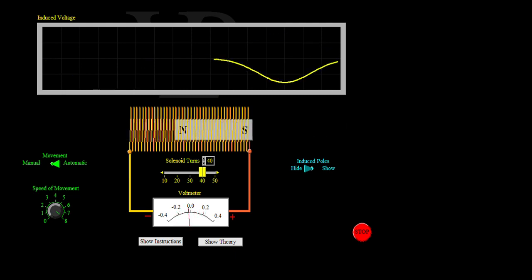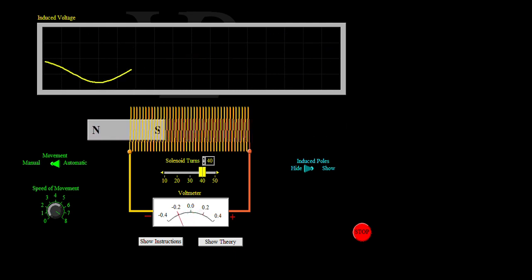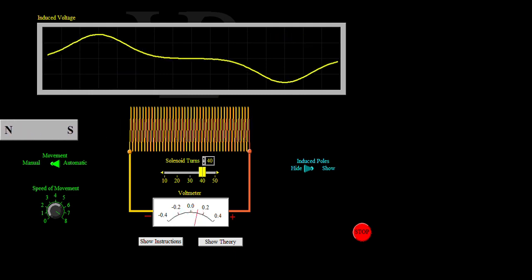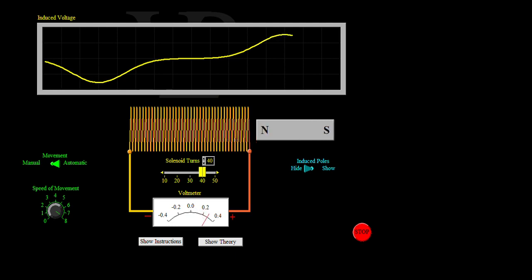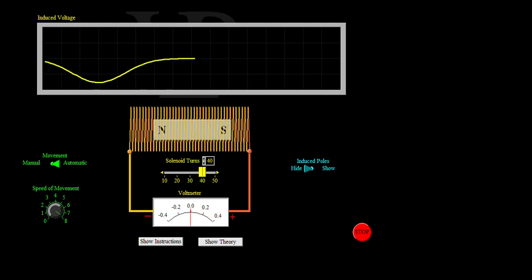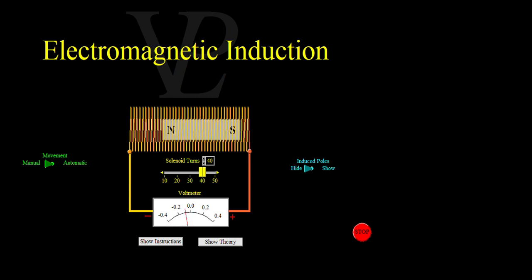So the speed of motion of the magnet is the rate of change of the field through the coil, how quickly the field is changing. And again, notice that when we're in here, there is no change in the field through the coil, and so there is no induced EMF, no induced potential difference, no induced voltage, whichever way you want to describe it.